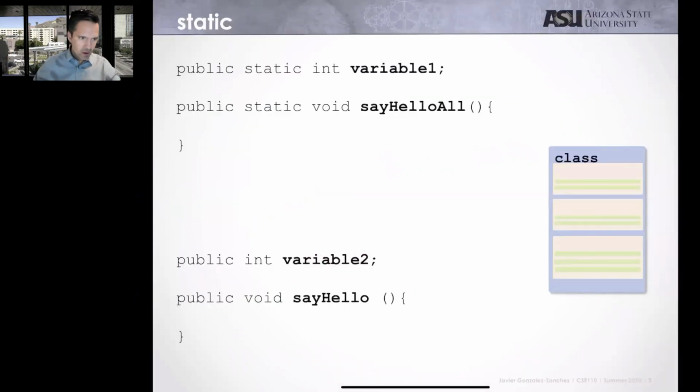So let's see. Static. You can use a static with variables, global variables. You can use a static with methods. All your programs from previous weeks are like this: global variable, static, method, static. Now you learned yesterday that you can eliminate the static from the variables, also from the methods.